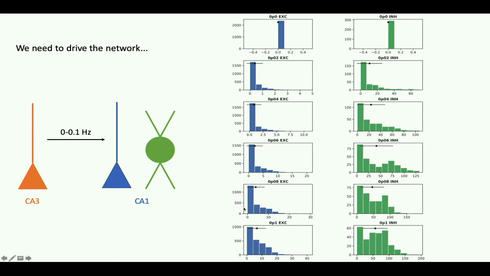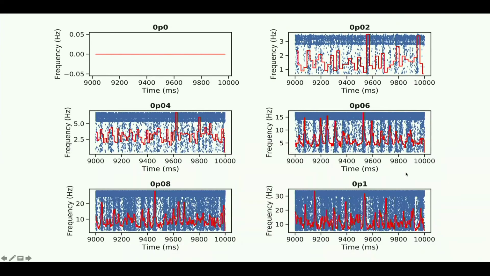regime. Here I plot only the distribution of the firing rates of pyramidal cells here and interneurons here. In the next slide, you see the same thing, but here I plot the evolution over time. So here you have a raster plot in blue and the firing rates over time in red.